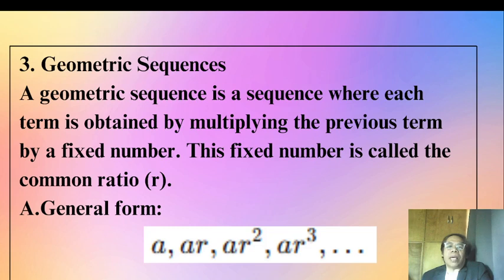Geometric sequences. A geometric sequence is a sequence where each term is obtained by multiplying the previous term by a fixed number. This fixed number is called the common ratio. General form: a, ar, ar squared, ar cubed, and so on.